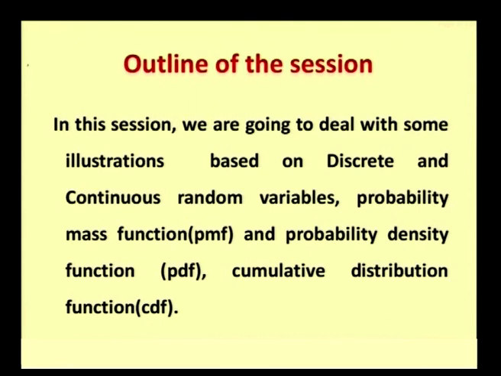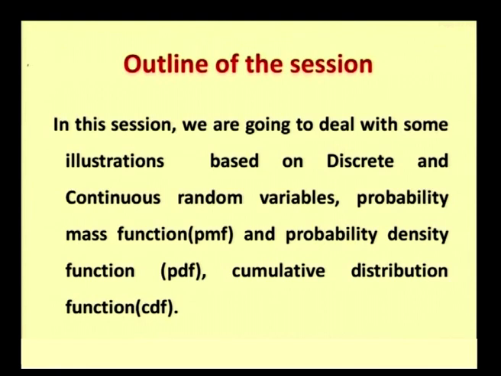We are going to see some illustrations where we will be finding the probability mass function of discrete random variables, addition of discrete random variables, multiplication of discrete random variables. And we are also going to deal with continuous random variables and finding the probability density function and cumulative distribution function of x, which is for a continuous random variable.